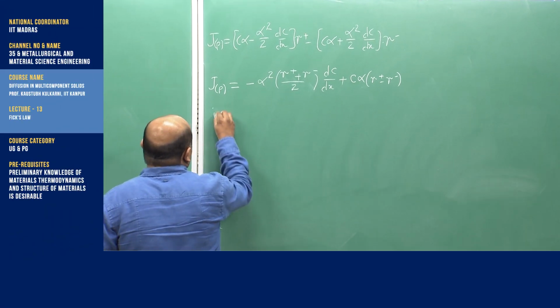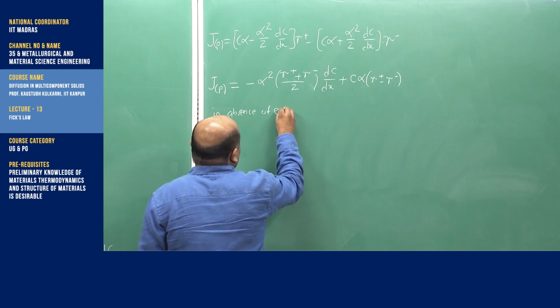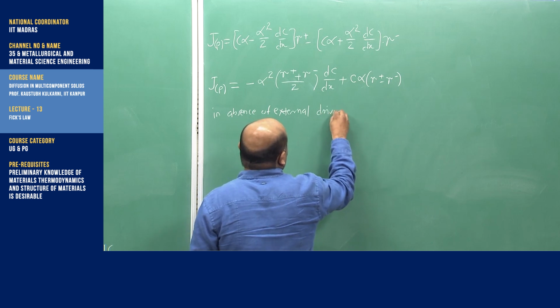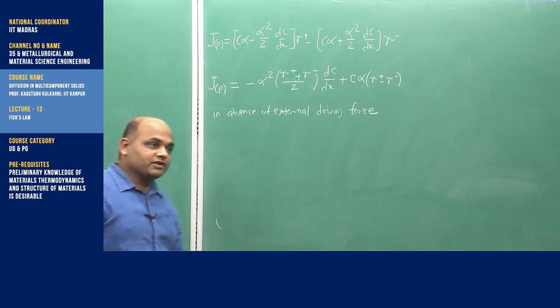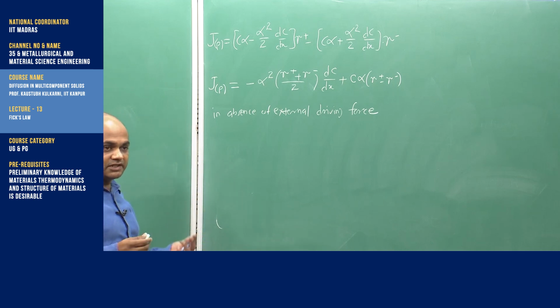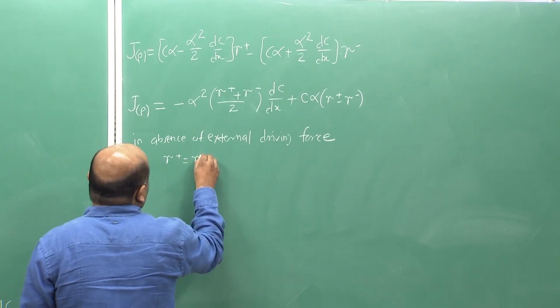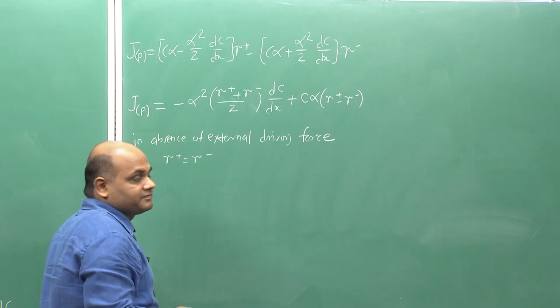In absence of any external driving force, the jump frequency in plus x direction or minus x direction should be same, right. So, we have gamma plus equal to gamma minus. So, this term will vanish.